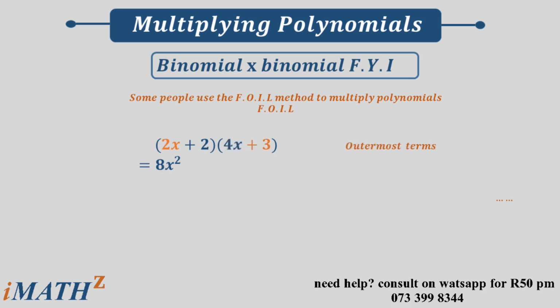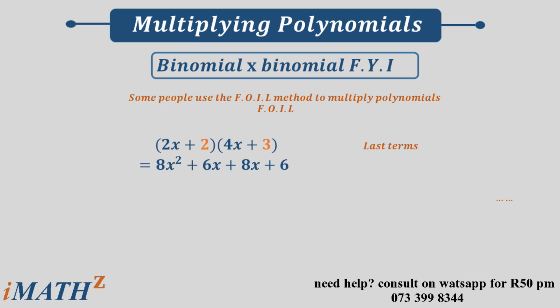Well, now for the O in FOIL, the outermost terms are 2x and 3, and if we multiply 2x times 3, we get 6x. The I in FOIL stands for innermost, and the innermost terms are 2 and 4x. Multiplying 2 times 4x gives us 8x, and the last terms are 2 and 3, and if we multiply 2 and 3, we get 6.